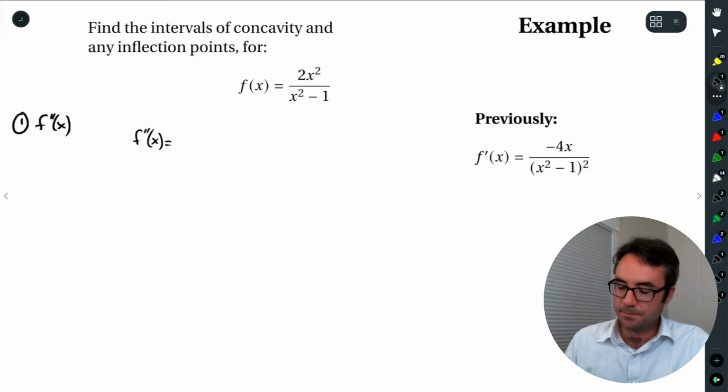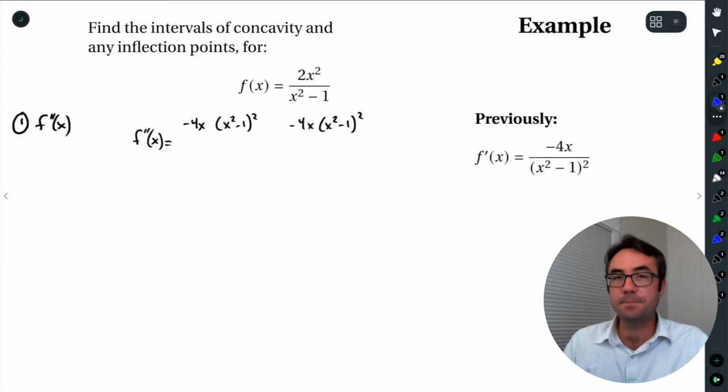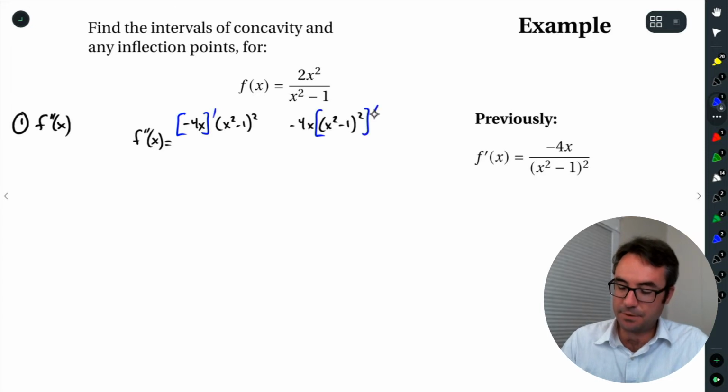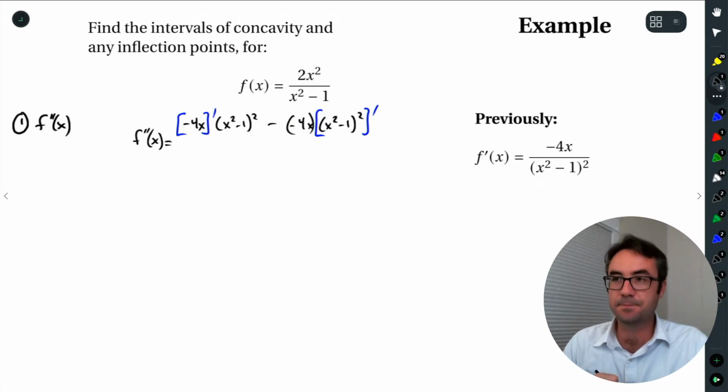It's a fraction, so we're going to write it as a product. Top function times the bottom function. And then two copies, top function times the bottom function. In the first copy, we're going to apply the derivative to the first part. And in the second copy, we'll apply the derivative to the second part. And then we put a minus sign right there in the middle.